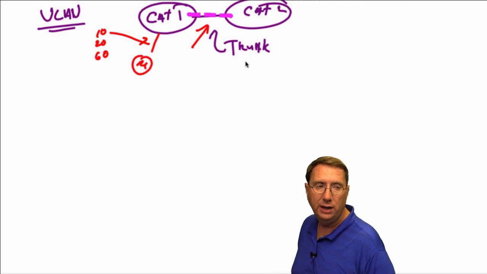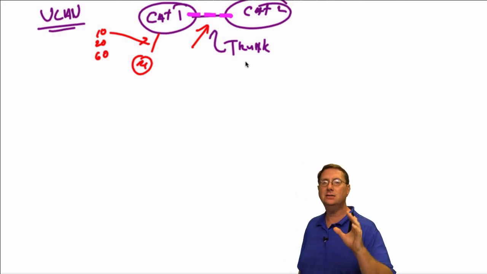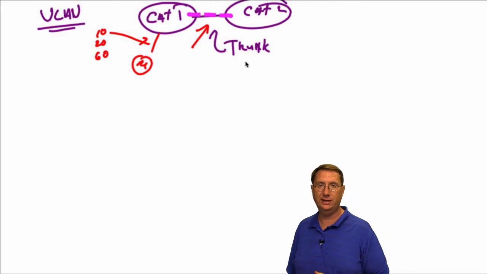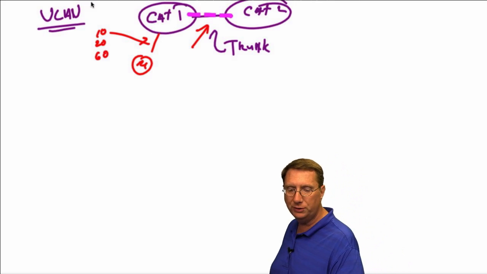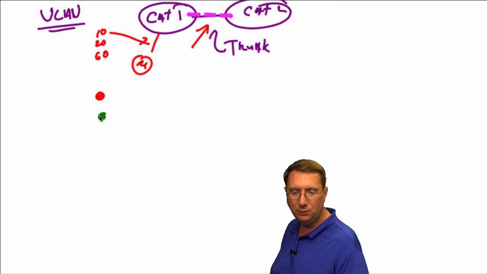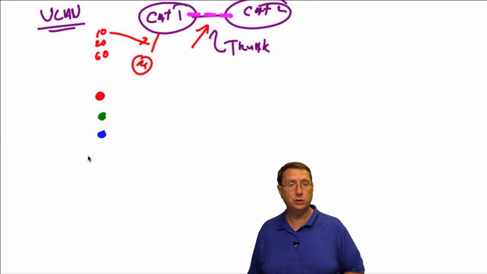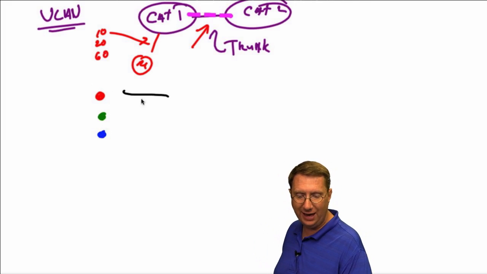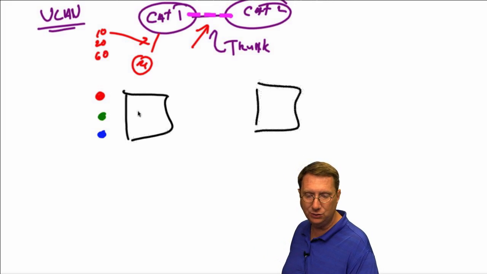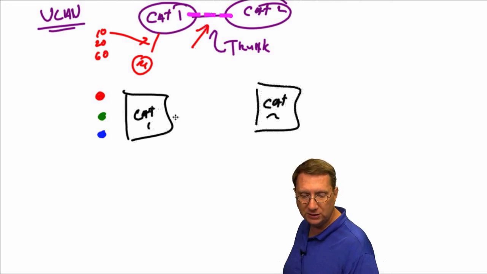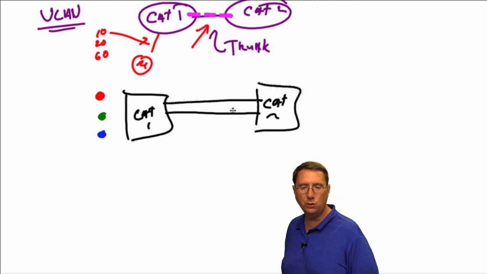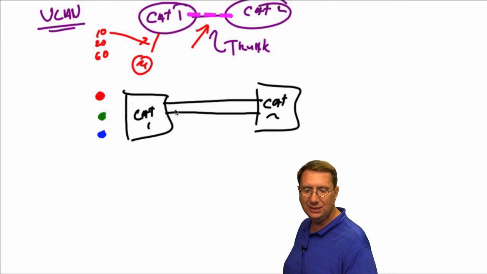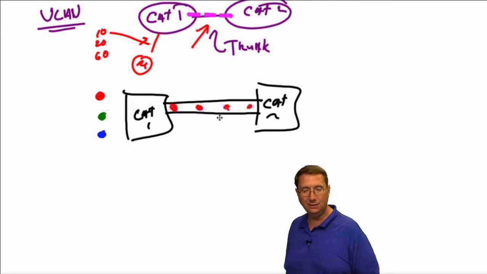Now, a trunk port is going to be a link that carries VLANs, more than one VLAN, across an individual interface. What ends up happening here is if we were to pretend that traffic from VLAN 10 was red, VLAN 20 was green, and VLAN 60 was blue, and I have my two different devices connected, my Cat1 and my Cat2 switches, and I have this special purpose link between these, I'm going to be sending red information, or VLAN 10.